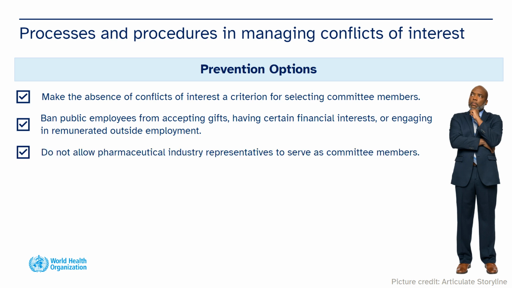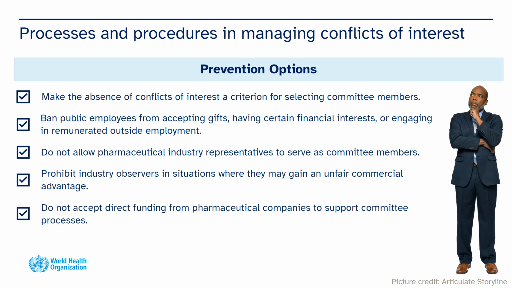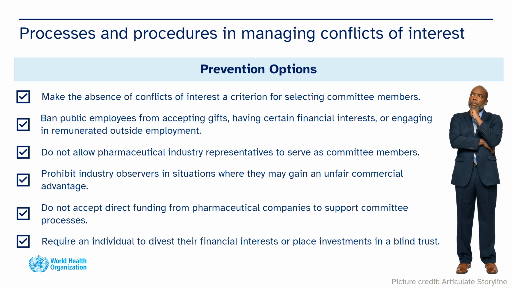Do not allow pharmaceutical industry representatives to serve as committee members. Prohibit industry observers in situations where they may gain an unfair commercial advantage. Do not accept direct funding from pharmaceutical companies to support committee processes. Or require an individual to divest their financial interests with the private entity, or place investments in a blind trust.